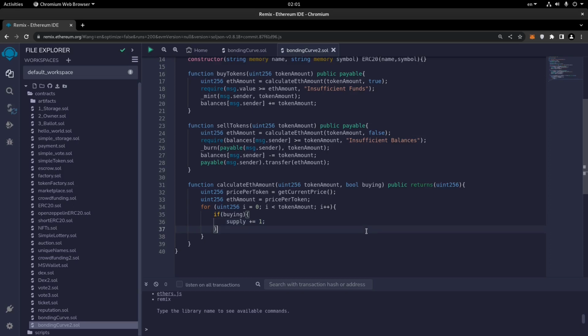And else, if you're selling, we have the supply minus equal 1. And here we go, get out of the else. So the ETH amount plus equal the get current price.